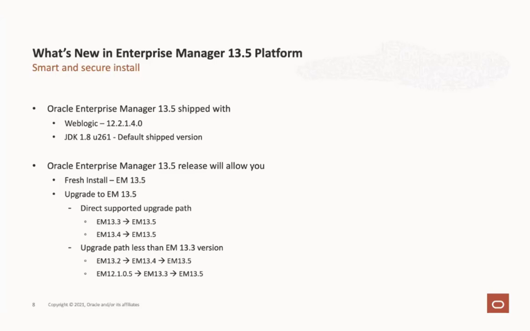They have to take a two-step process to get to the 13.5 upgrade. That means if you're running an older version, less than 13.3, you have to ensure that you come to a supported version, either 13.3 or 13.4, and from there you can smoothly upgrade your EM to the 13.5 version.